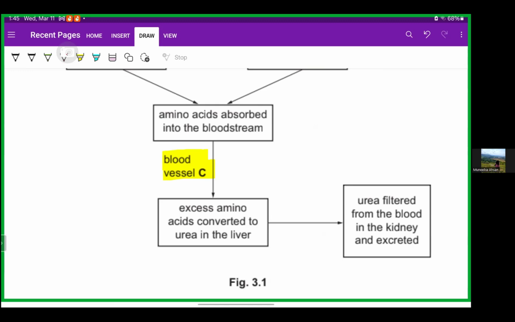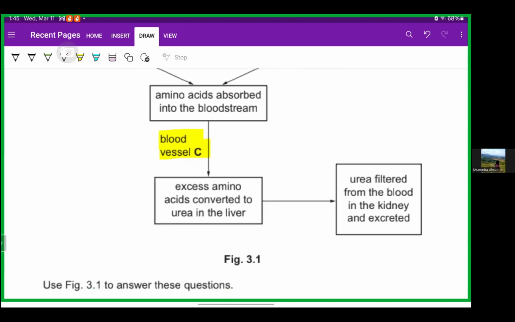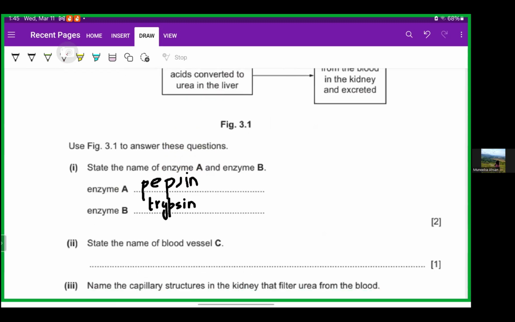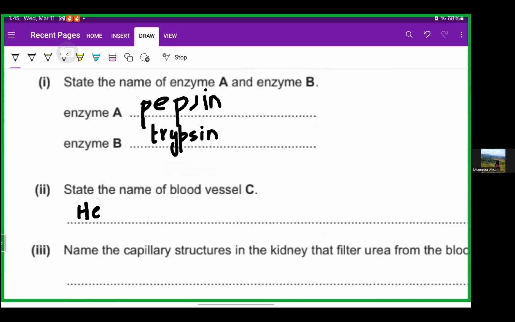So how do the excess amino acids go from the bloodstream to the liver? It goes through the hepatic portal vein.